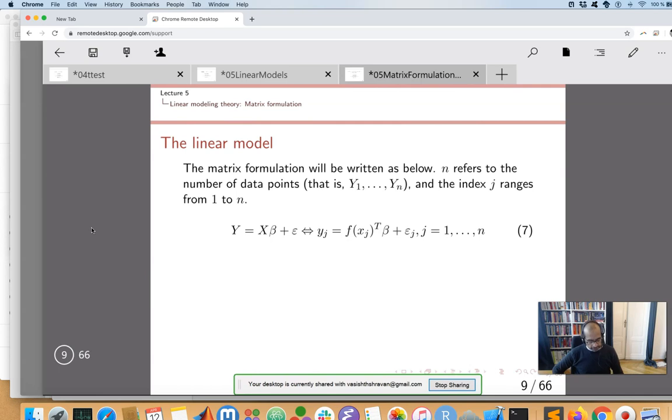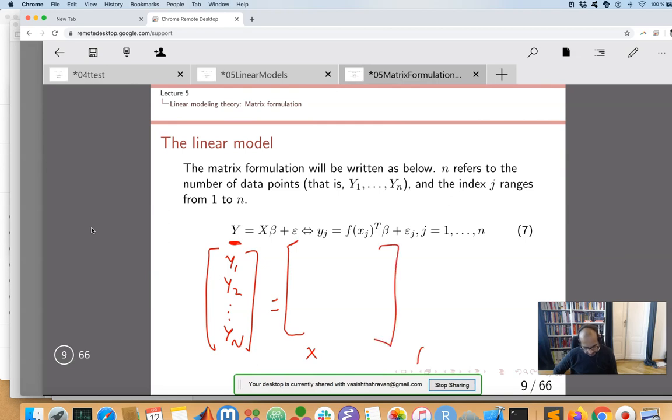So my model is a vector of dependent variable values y, which goes y1, y2, all the way to yn. So it's an n by 1 matrix. This is going to be characterized in terms of a design matrix or model matrix X, and then the vector of parameters beta.